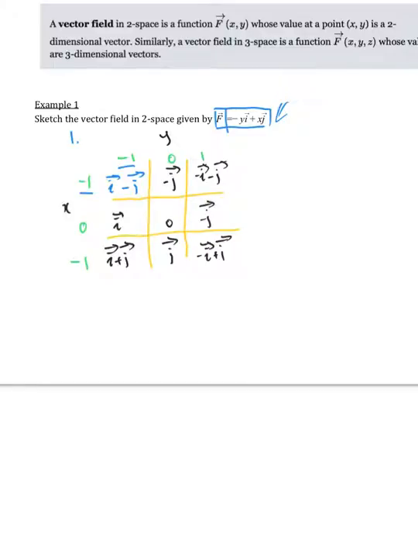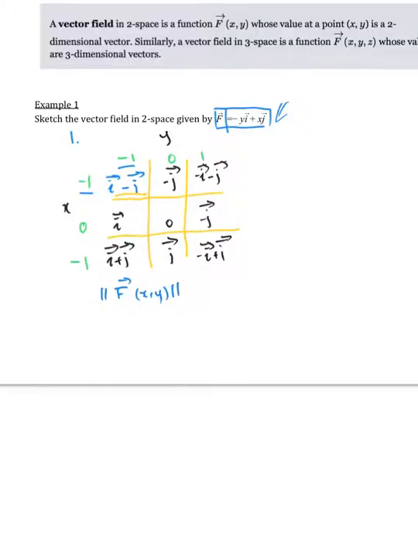Before we do that, I want to talk about how you interpret something like this. Basically, i minus j means that for every 1 unit of increase in x, 1 unit is decreased in the y direction. So now you know kind of what each individual vector looks like. It's also important to find the magnitude, which is given by this equation.